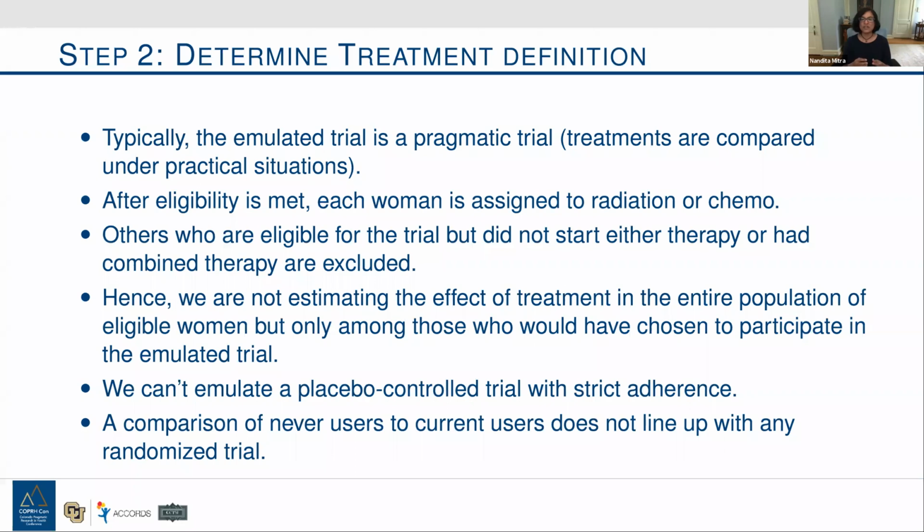Because a comparison of never users to current users doesn't really line up with any kind of randomized trial that you would design. You are really randomizing to one treatment arm versus another treatment arm. So if you think of the placebo-controlled trial where there's no users, say women who aren't receiving radiation or chemo, who are they? They're the never users. How do you line them up in terms of designing a trial?